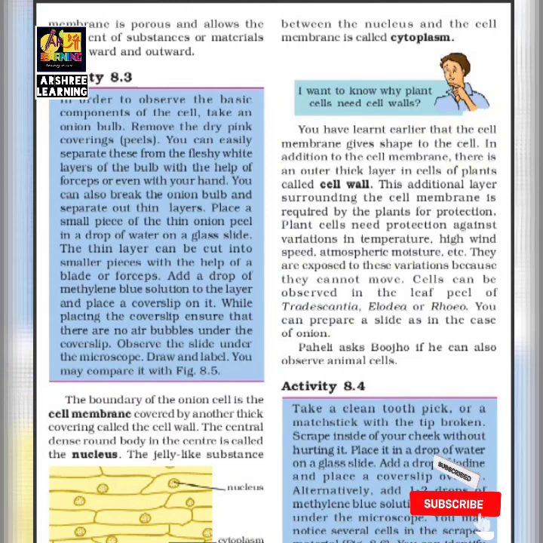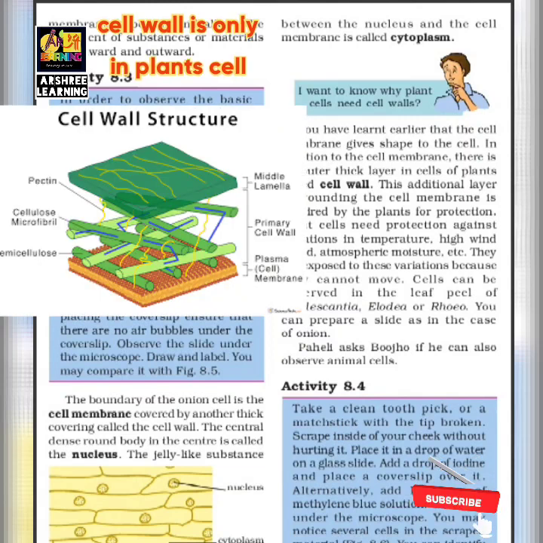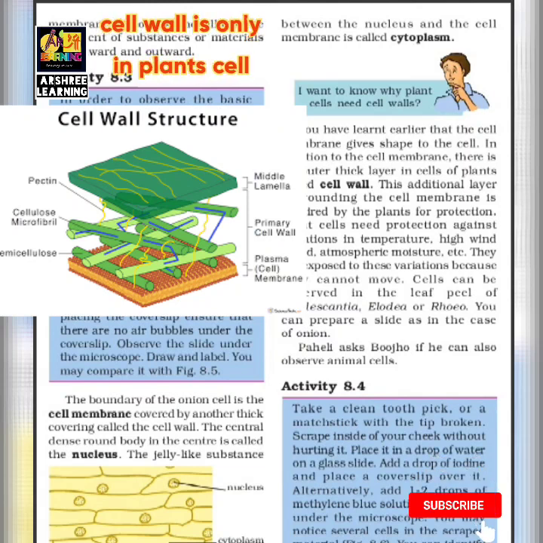This cell wall gives support to the plant cell as well as it gives shape to the cell. Plant cells need protection against variation in temperature, high wind speed, and atmospheric changes. So when the wind blows, why don't the plants fall down? Because they have a cell wall outside their cell membrane which gives them support.